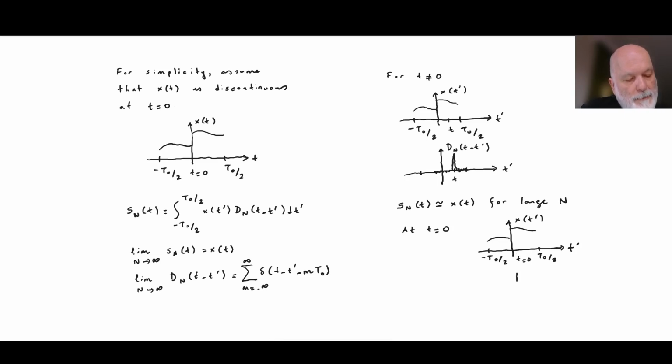Now the Dirichlet kernel will be, again with respect to t prime, we draw the graph of Dn of, now t is equal to 0, 0 minus t prime.